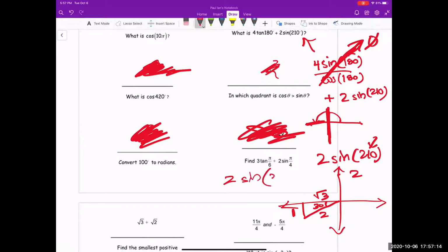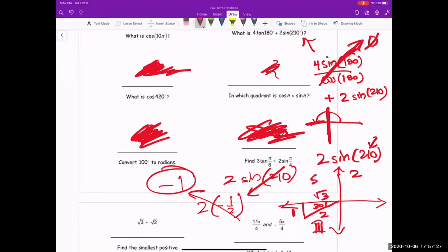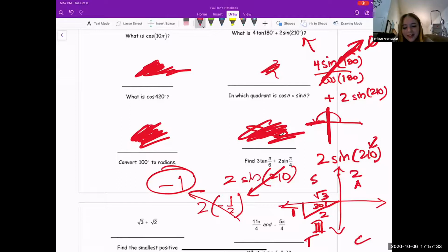I'm just trying to check myself. So sine of 210 is, what is that? Negative 1/2, right? Of 210? Yeah, because you're in this quadrant. You're right. S A T C. Yeah. Alright. And then okay.